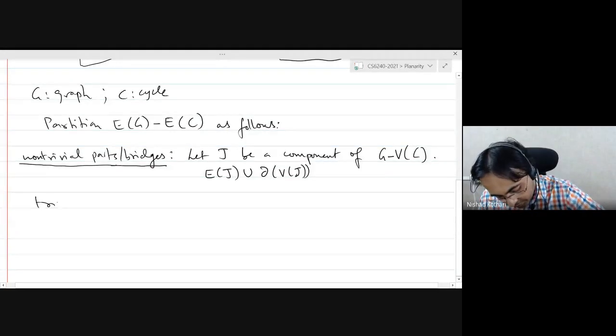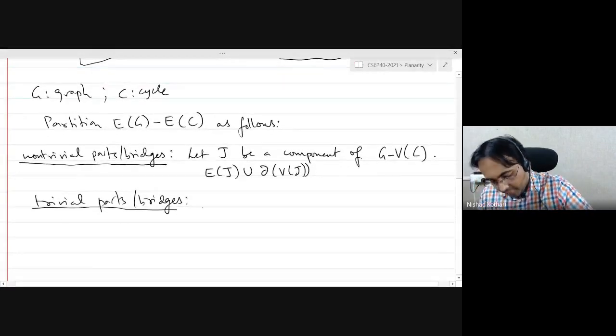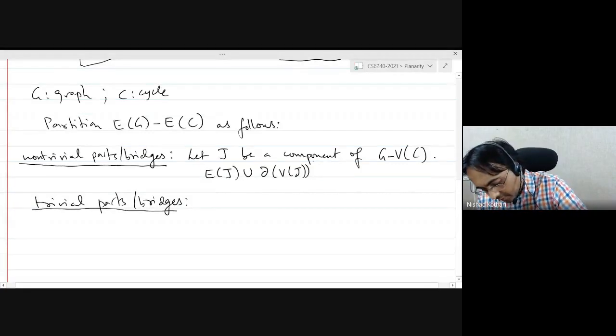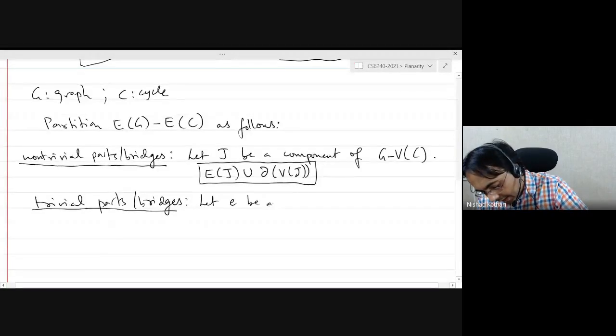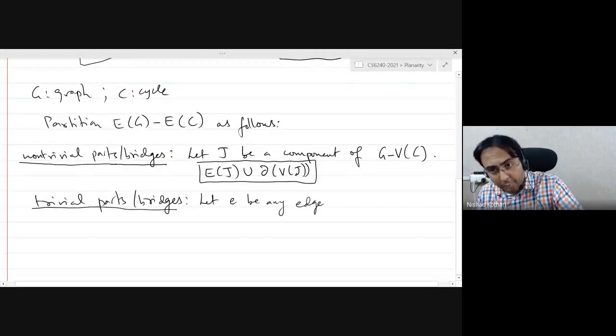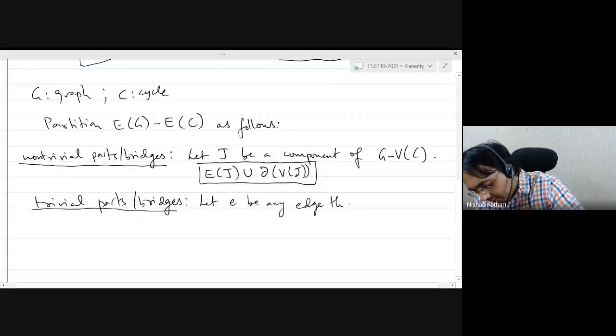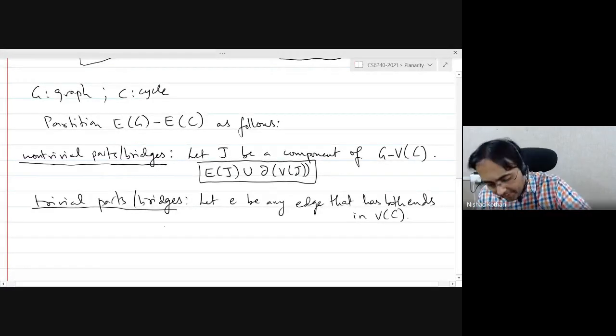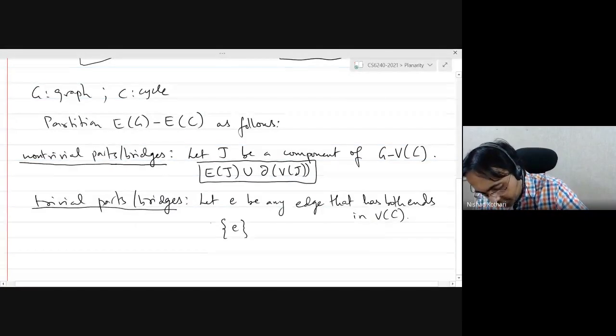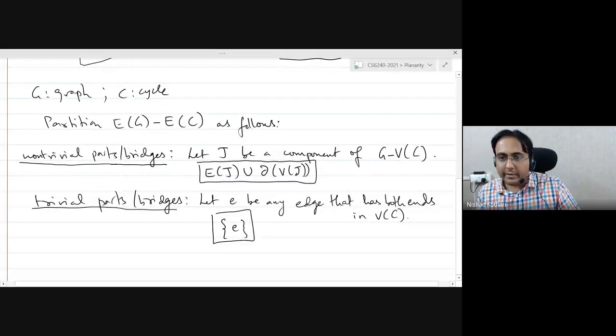Right? So these are the non-trivial bridges. And then you have the trivial bridges. So this will be your non-trivial bridge. Now, supposing E is any edge, which could be a loop, that has both ends in the vertex set of the cycle C. Then you will have a bridge with just that edge. Or if you want to view it as a subgraph, it will be the edge and the ends of that edge.